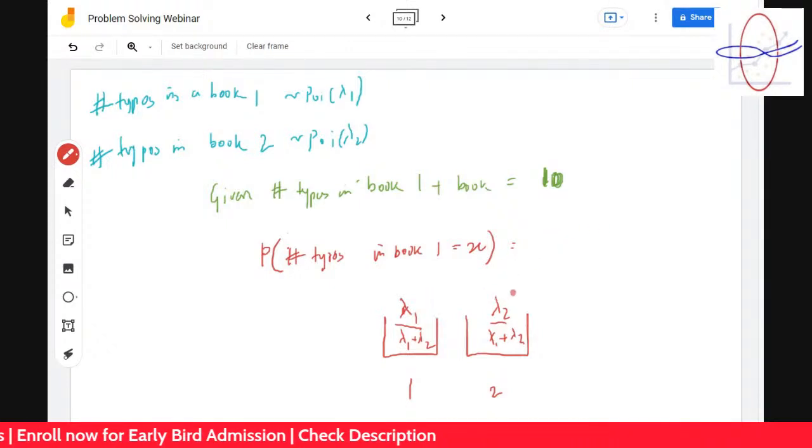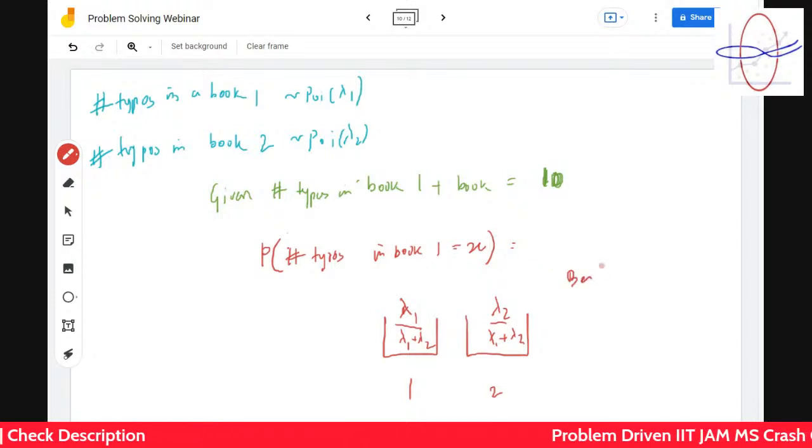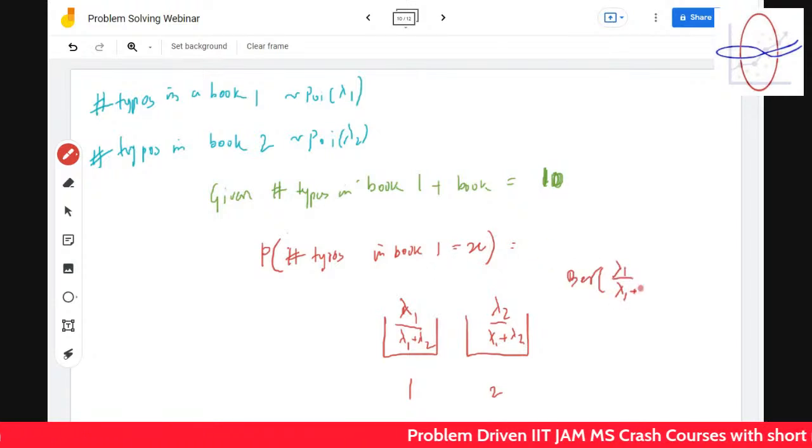So given the total number of typos is 10, each error follows Bernoulli(lambda 1 / (lambda 1 + lambda 2)). Okay, all of you understood this?